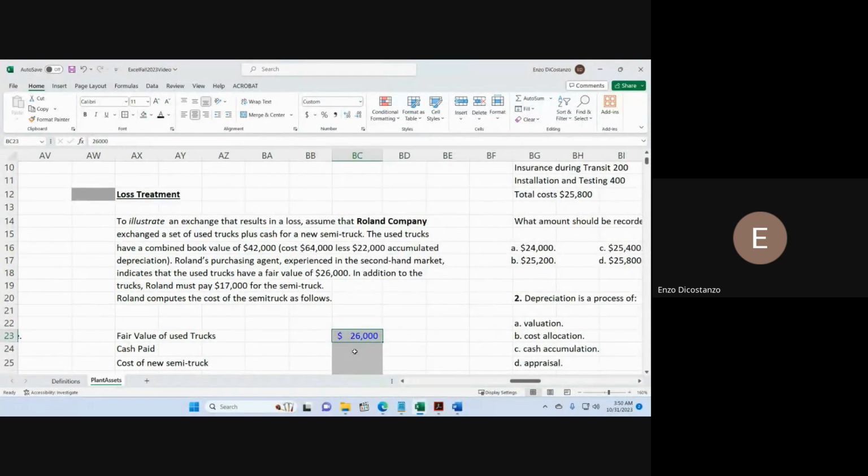And also Roland paid 17. And again, anytime you do these valuations, and this is a valuation, all the different pieces, so what the fair value is, there's a cash component.